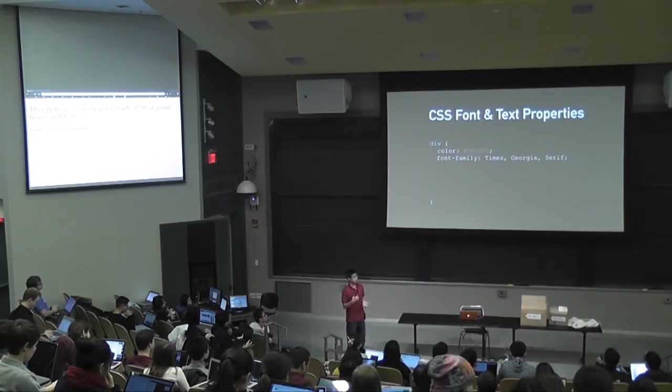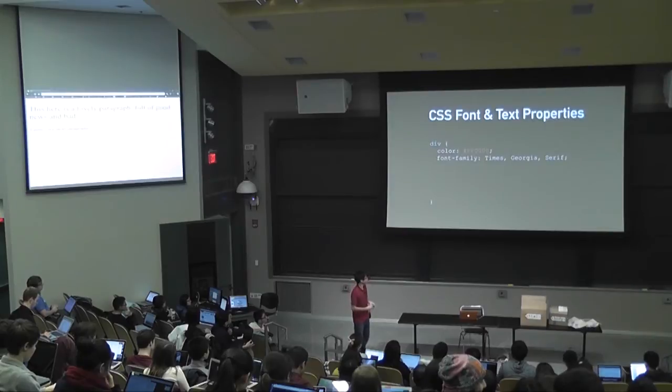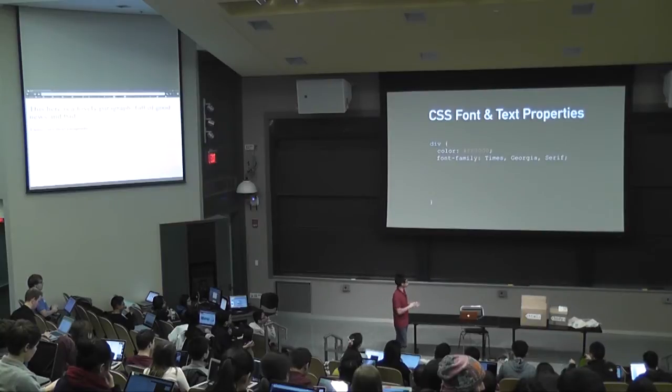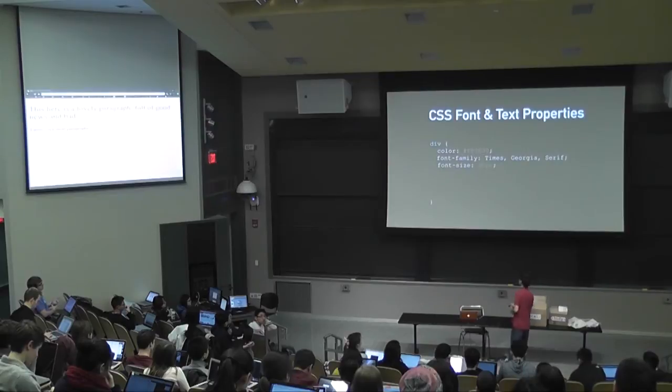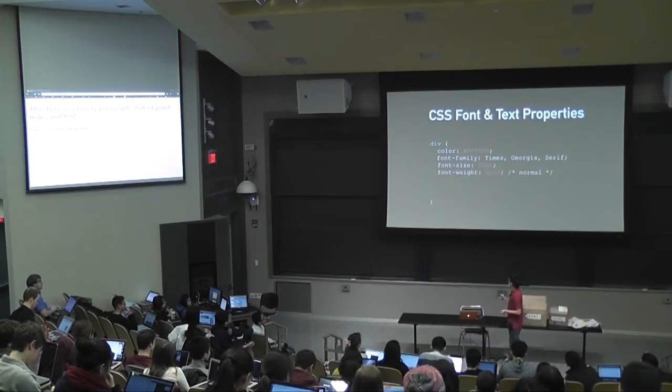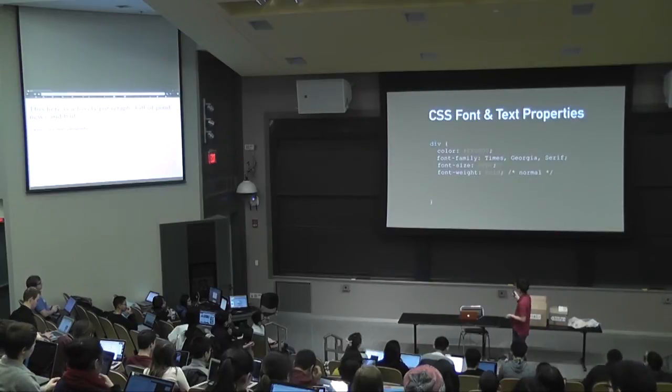Font family. Font family is a series of fonts your browser is going to try to use. So first it's going to try to use Times. And if your computer doesn't have Times, it's going to fall back to Georgia. And then if your computer doesn't have Georgia, it's going to fall back to any serif font, your computer's default serif font. Font size, you can specify how large you want your font to be. Font weight, there are different kinds of weights. There's bold, there's normal.